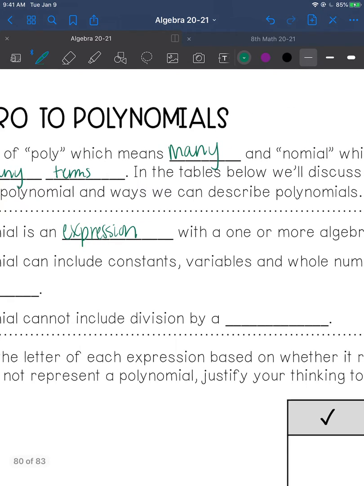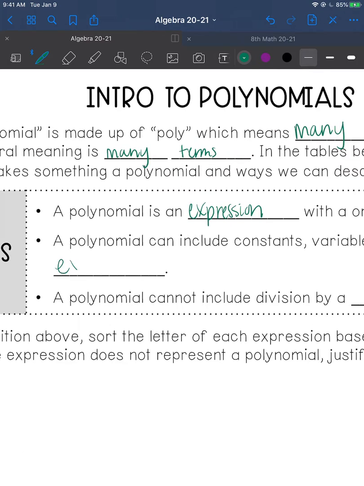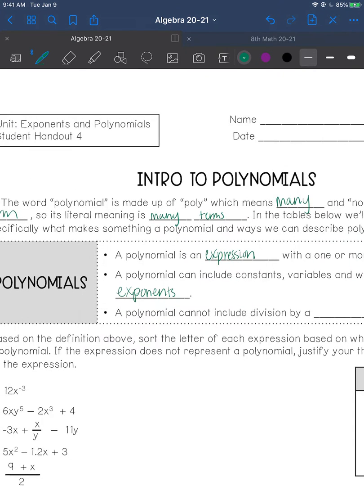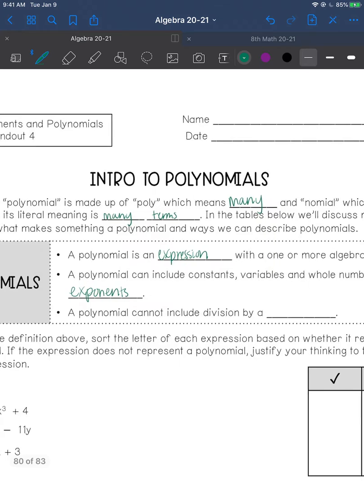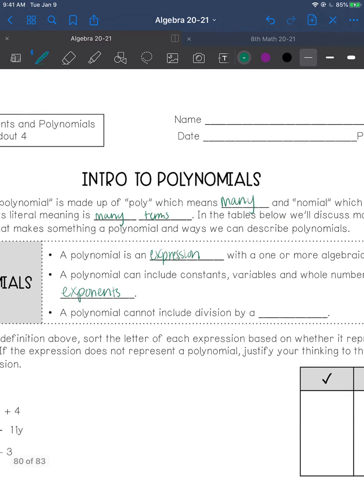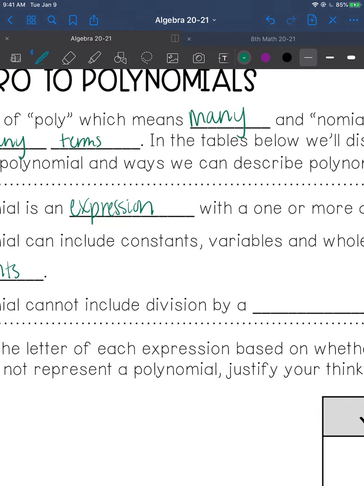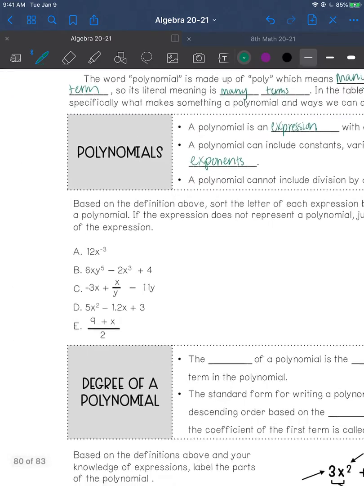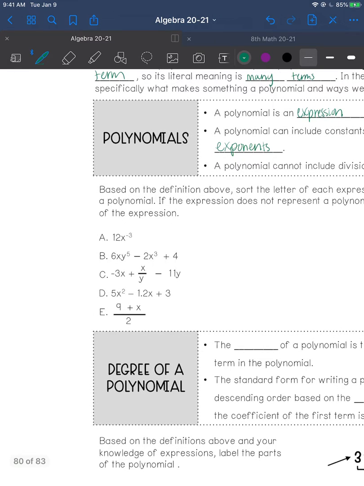A polynomial can include constants, variables, and whole number exponents. This is extremely important. A polynomial cannot include division by a variable. Next, we're going to look at these 5 expressions to see if they're examples or non-examples of polynomials.